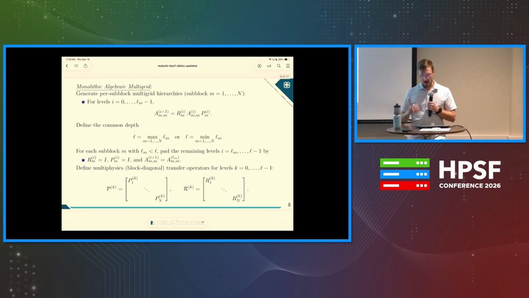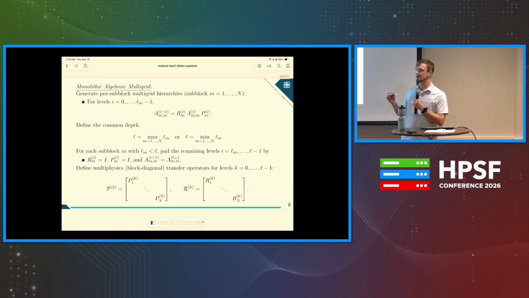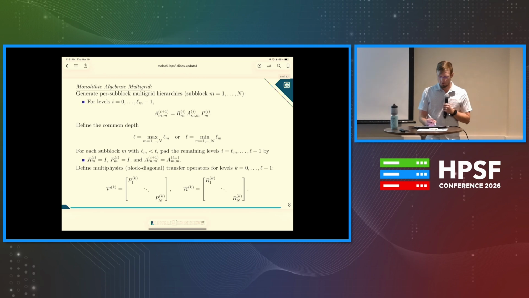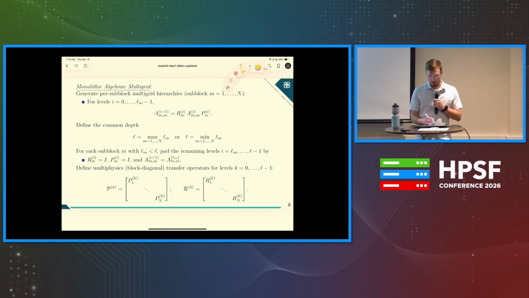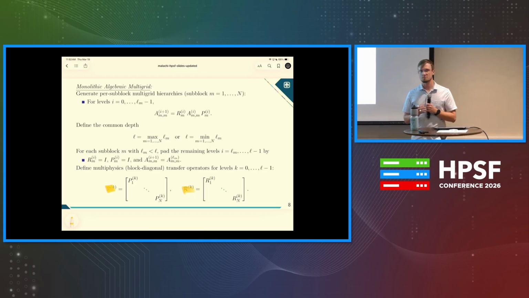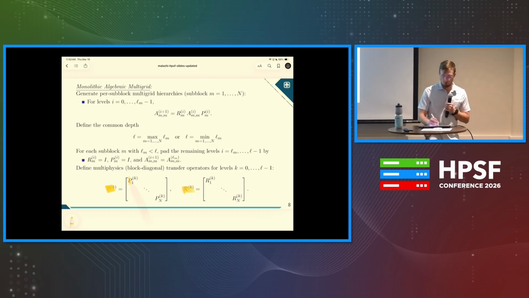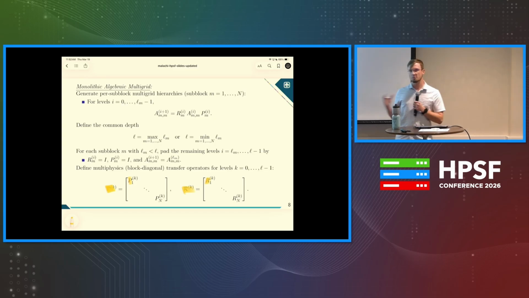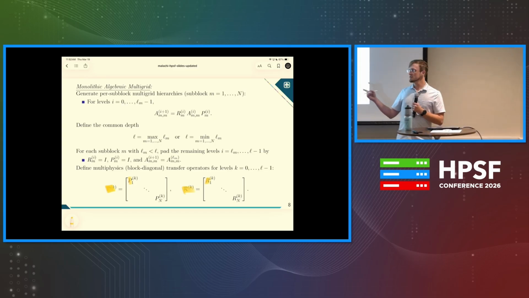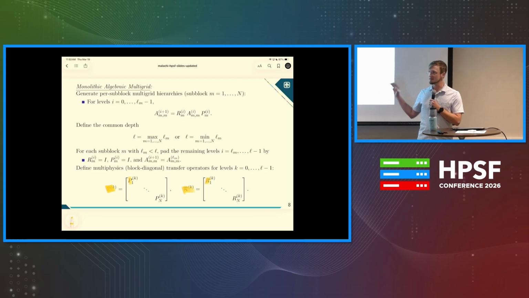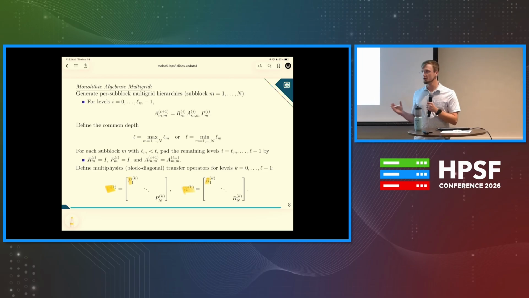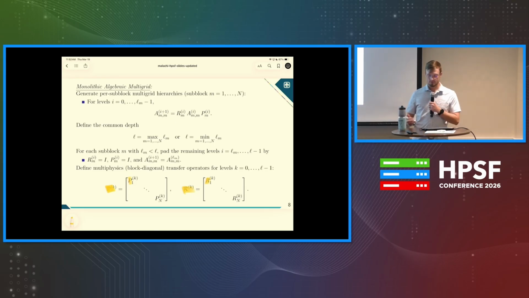And then once I have these per block prolongators and restrictors, I then get the monolithic ones by taking this block diagonal system where each of these individual prolongators and restrictors corresponds to each bit of physics. So for example, P1 could be something that is designated for Poisson, and P2 could be something that is for an advection diffusion equation.